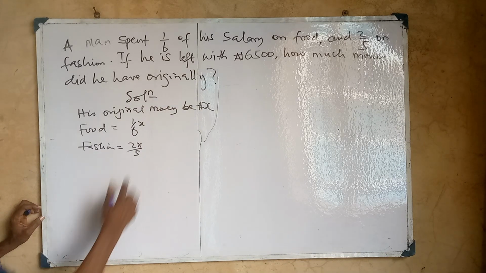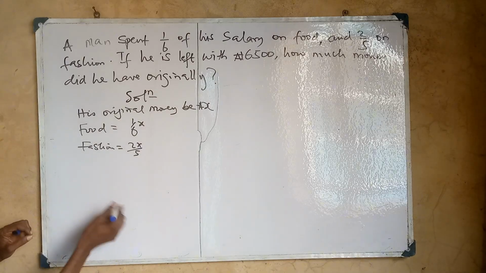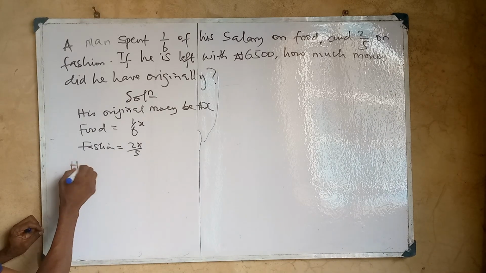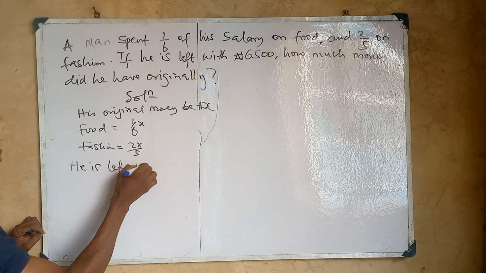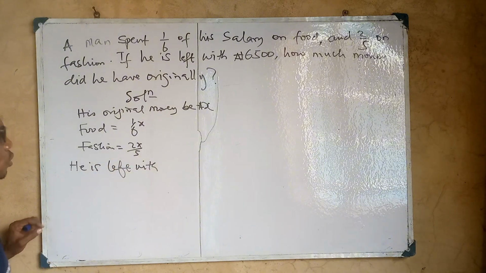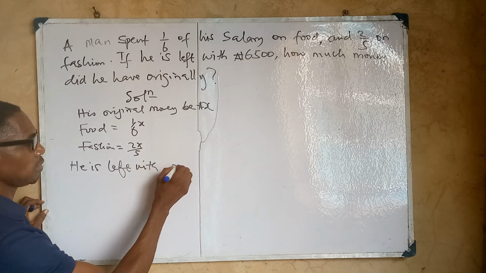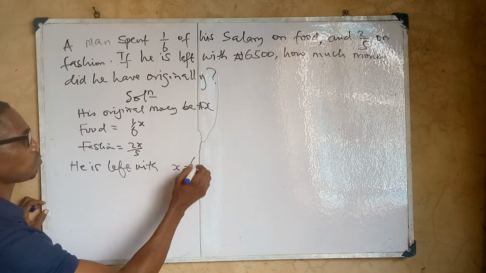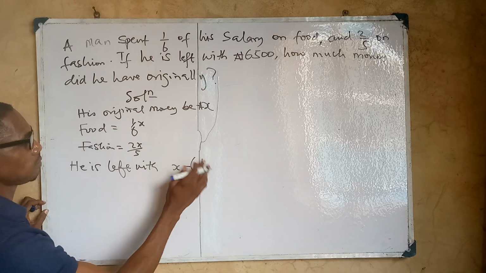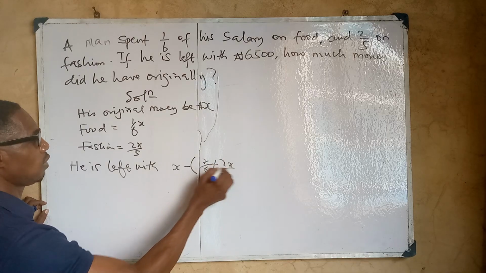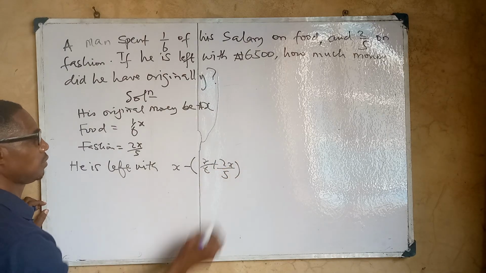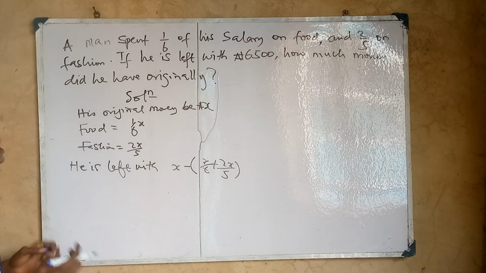So the original money is this minus the amount he spent. That gives us x/6 plus 2x/5. All right, we now know which one is left.